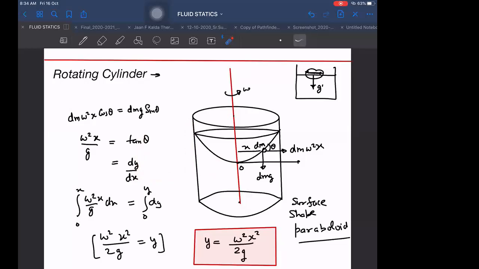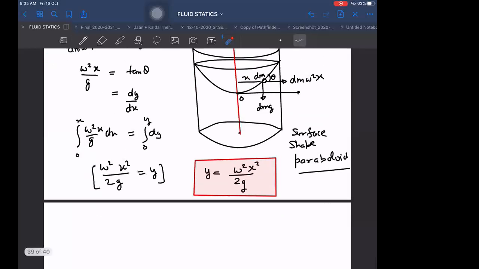One part is at rest with respect to the other part, and also at rest with respect to the container, because the fluid is not slipping with respect to the container. So this situation is slightly different from what we experience in day-to-day life. But still we can get some idea that the shape is of paraboloidal nature.